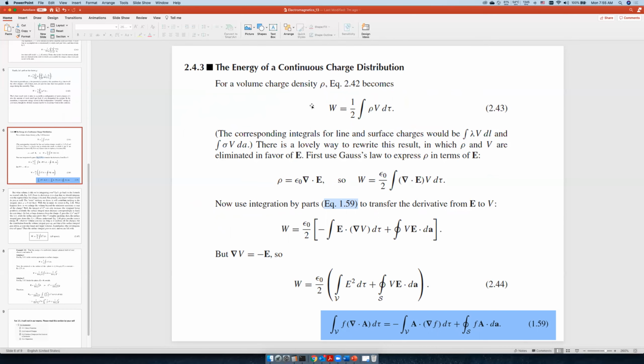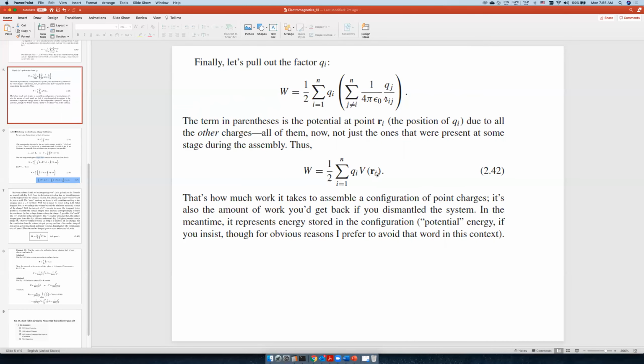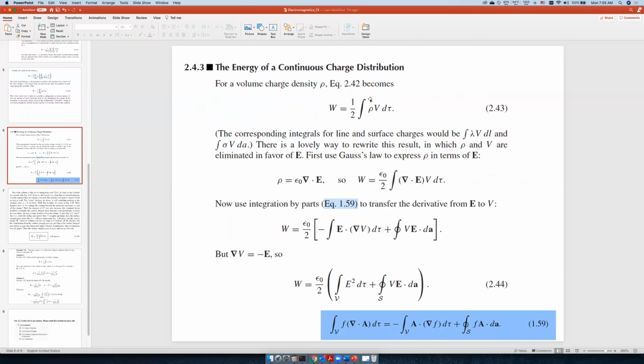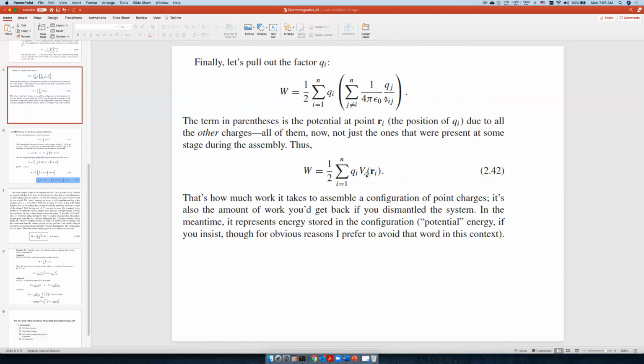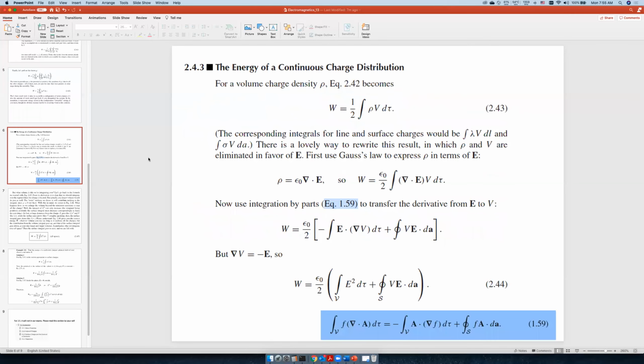equation 2.42 becomes 1/2 integral of rho V d tau, because here, for point charges, you can use sigma to sum them up. But if it's a continuous charge distribution, then the sigma can be replaced by the integral.